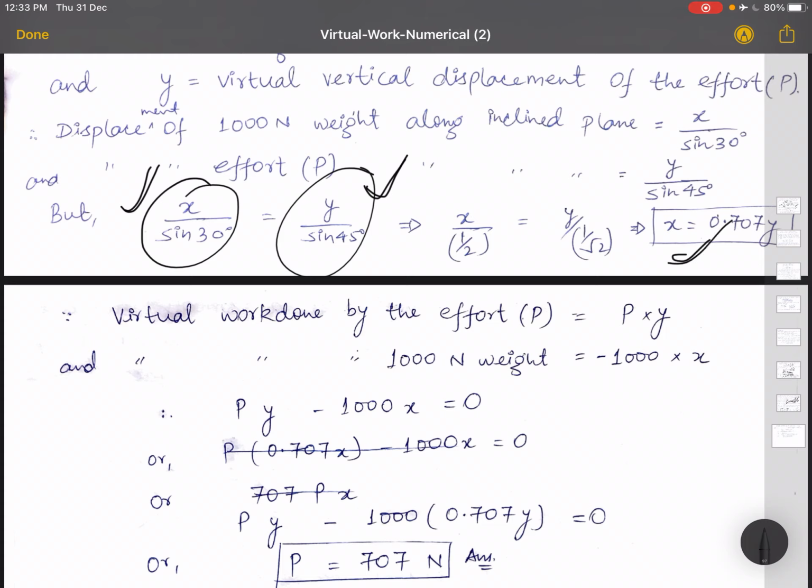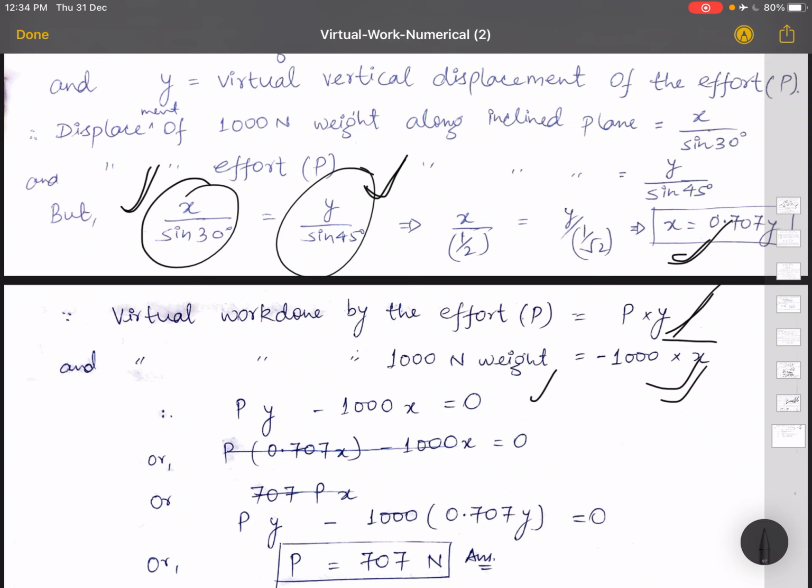It is coming out that x is equal to 0.070 y. Now the work done by effort P will be P into y, and the work done by the weight will be minus the weight into x. We are calculating vertically.